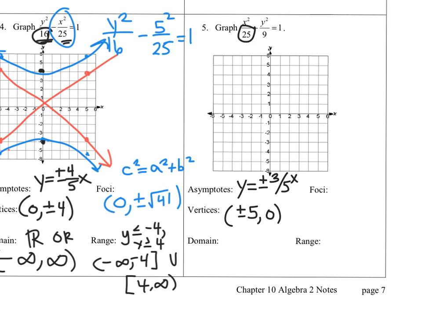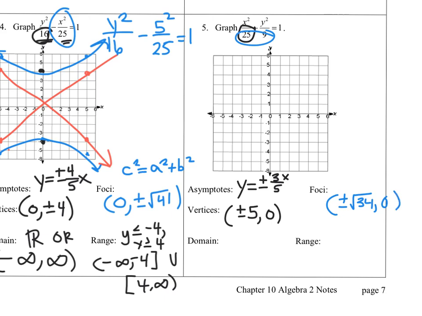And then x is in your numerator. I should probably write this a little bit better so you can tell that x is in the numerator. So this is going to be 3/5 x. And then the foci are going to be at a squared plus b squared, so it's 25 plus 9, which is 34, but it's going to be on the x-axis, so it's going to be plus or minus the square root of 34, 0.